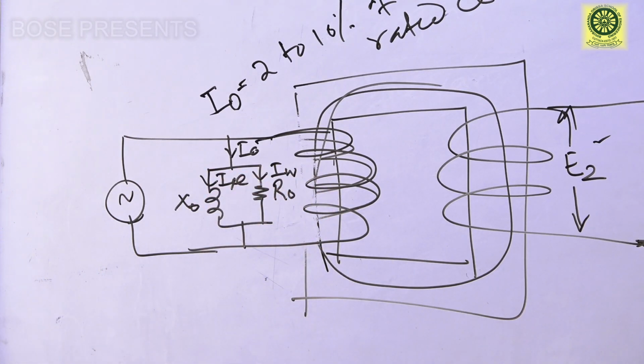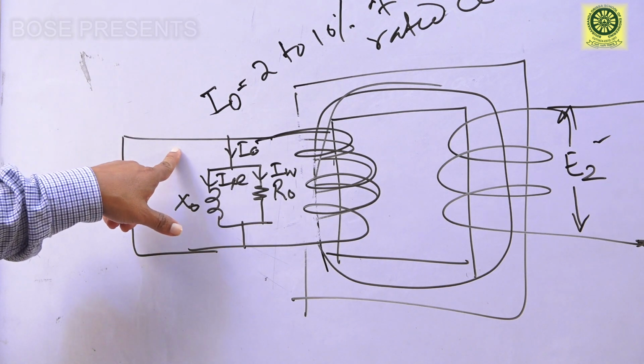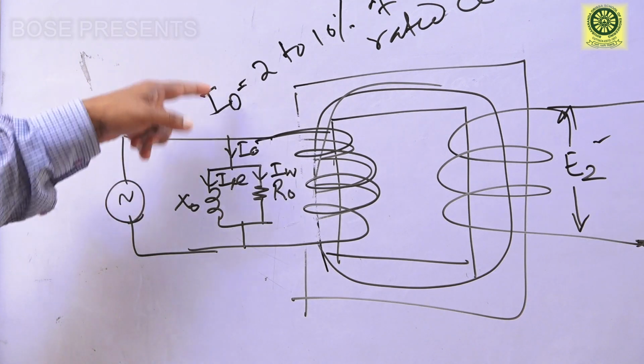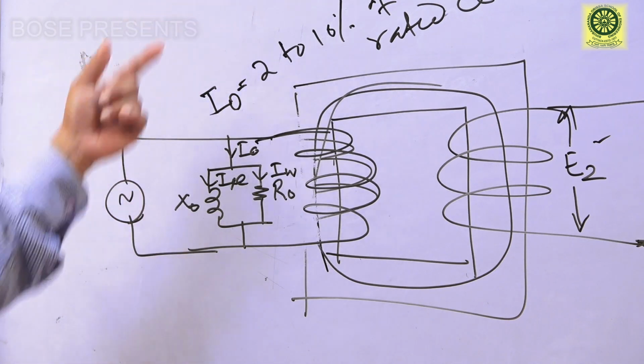So look at the equivalent circuit here. We have not taken the leakage resistance and the leakage reactance in the primary side, although there is, because the no load current is only 2 to 10%.